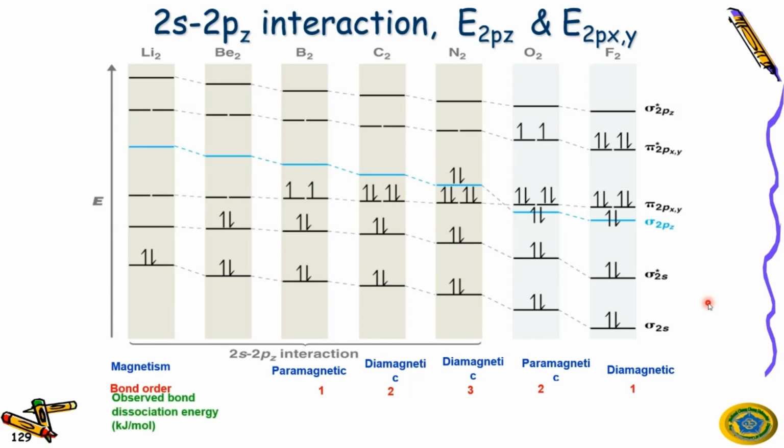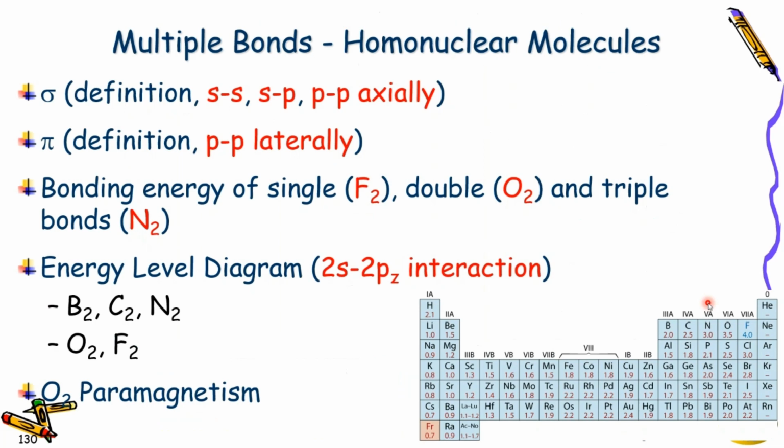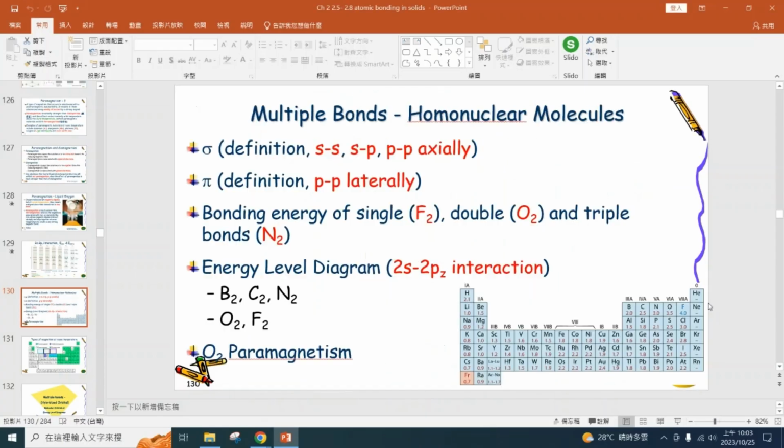For the bond energy, it goes low, higher, highest, then lower again, so the triple bond has the highest energy. For bond length, the triple bond is shortest, then it gets longer. Okay, I think that's it for today.